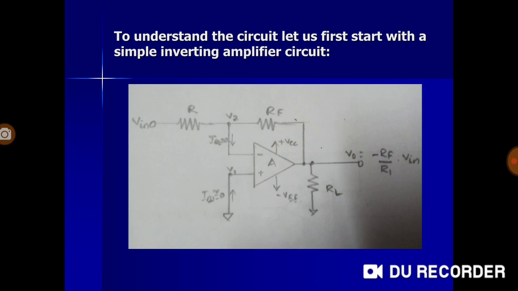That is why if V1 minus V2 is 0, then V1 is equal to V2, and here we know that V1 is grounded, so V2 naturally becomes grounded, although it is not physically connected, but still it has a value of 0 volts. So this is called virtual ground. It's just a part of revision. I'm giving you a recap so that you can relate it properly. So we know that V1 is 0, so V1 is equal to V2, so that is also equal to 0.